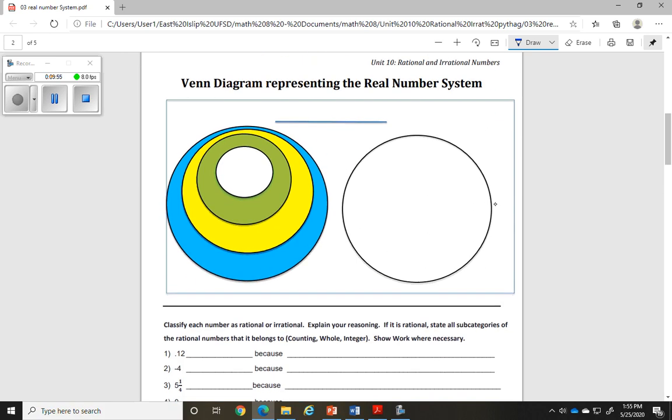So let's fill in this Venn diagram. It's like the boxes that I had in the PowerPoint. So this whole thing is our real number system, divided into two groups. Remember, the rational or the irrational. Remember that smallest box was our counting numbers, sometimes called natural numbers.